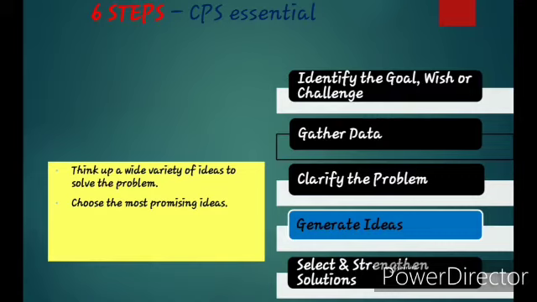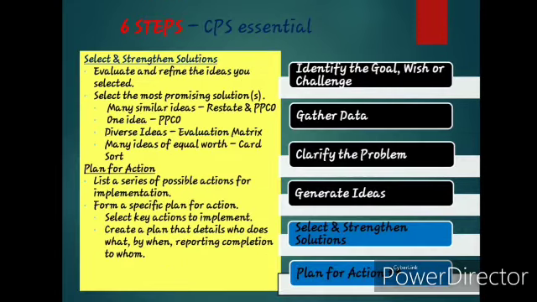Fourth, generate ideas. Think up a wide variety of ideas to solve the problem, and then choose the most promising ideas. Fifth is select and strengthen solutions. Evaluate and refine the idea you selected. Then select the most promising solution. If there are many similar ideas, restate and use PPCO.